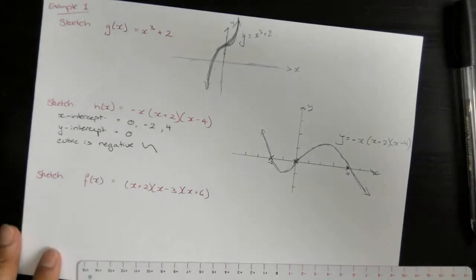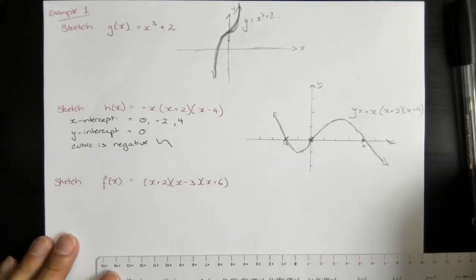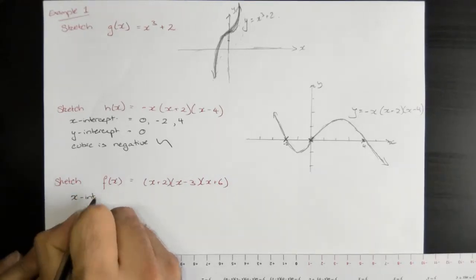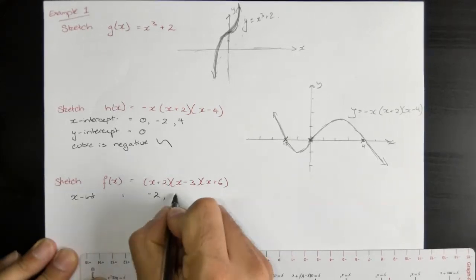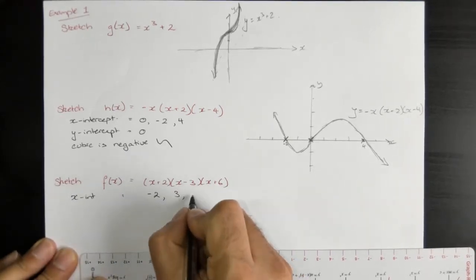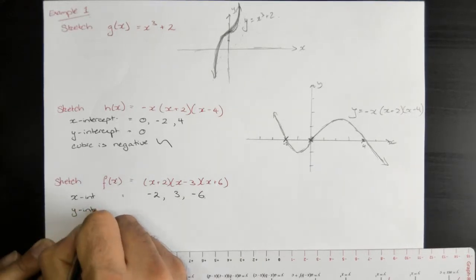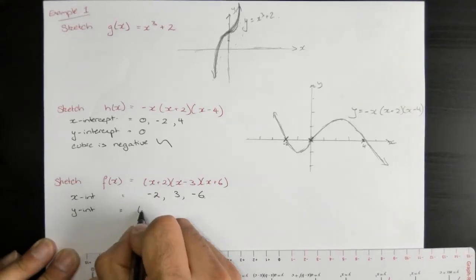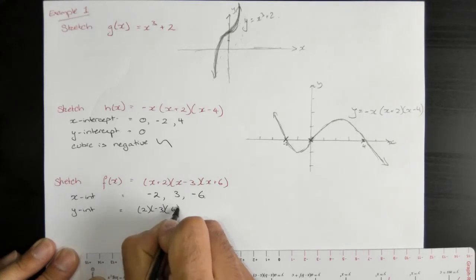In this example, we want to sketch (x plus 2)(x minus 3)(x plus 6). So our x-intercepts are negative 2, positive 3, and negative 6. And our y-intercept, when x equals 0, we've got 2 times negative 3 times 6.